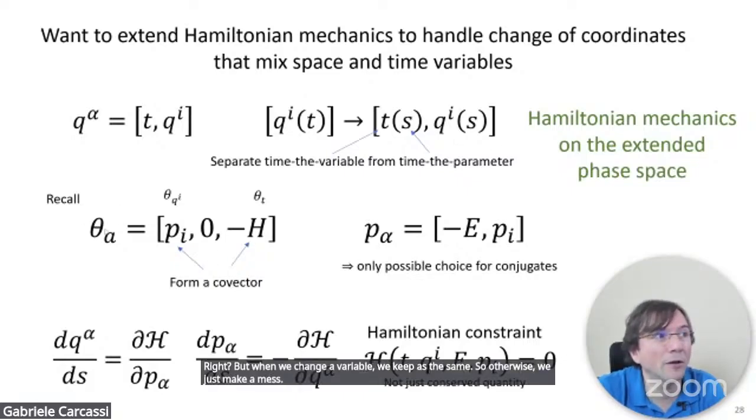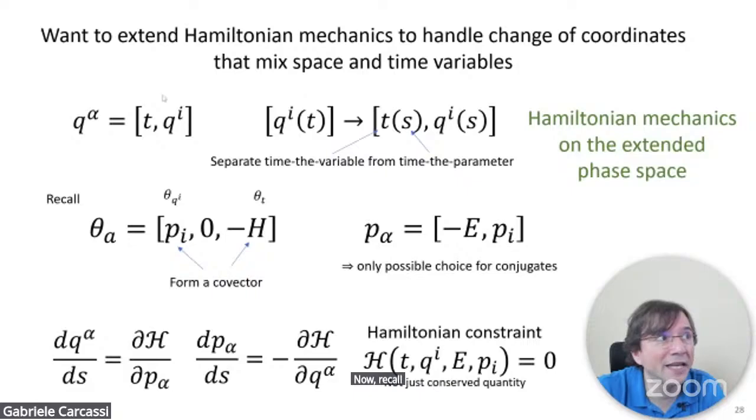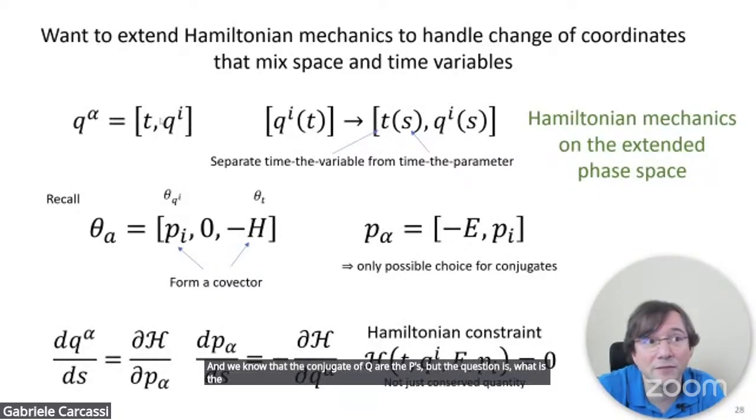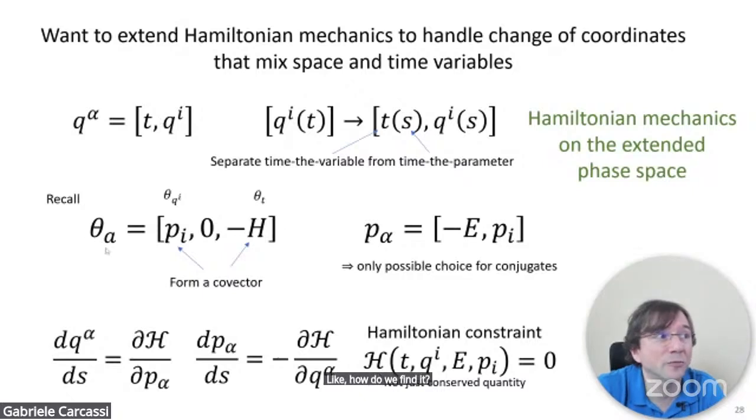Now recall, we are going to need the conjugates of t and q_i. And we know that the conjugates of q are the p's. But the question is, what is the conjugate of t? Like, how do we find it? Well, we saw before that when we had our vector potential, p was here, and minus H was the time component of the covector.